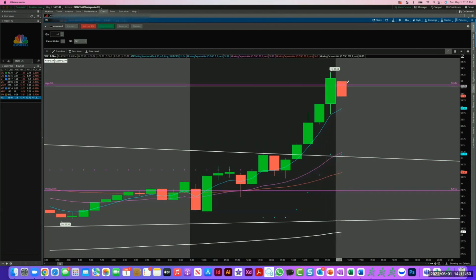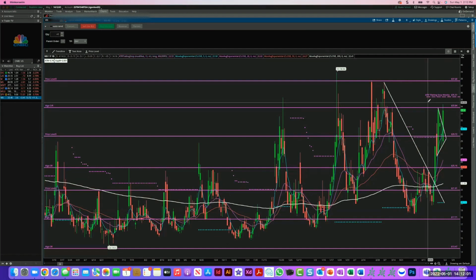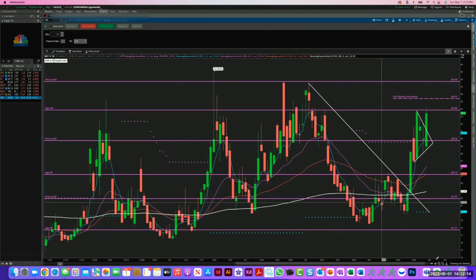And if it's above this resistance level, we may have to look for the next level of resistance, which is up here at 37.68. And as you can see, that's pretty high. It also looks like we have a W here. So I'm just going to draw this here.